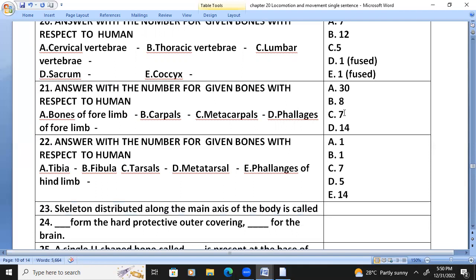Skeleton distributed along the main axis of the body is called axial skeleton. Cranial bones form the hard protective outer covering for the brain.